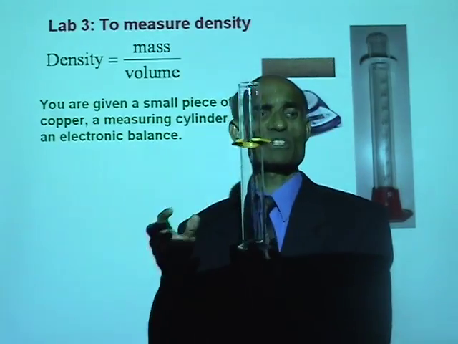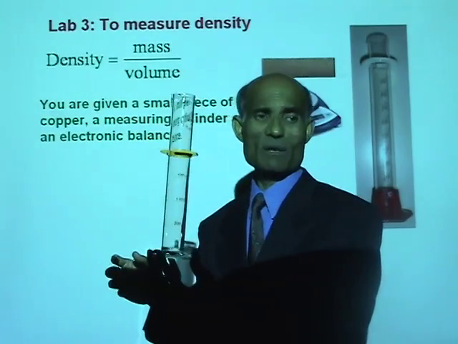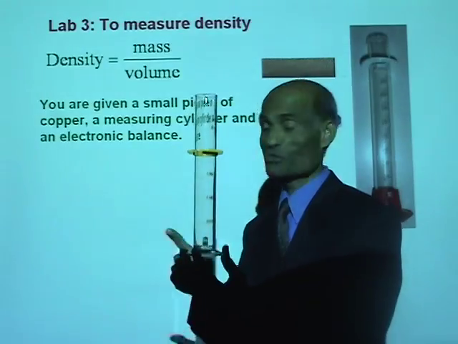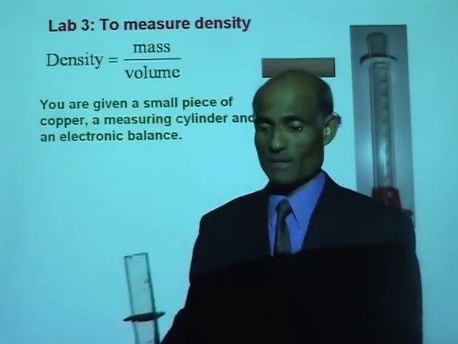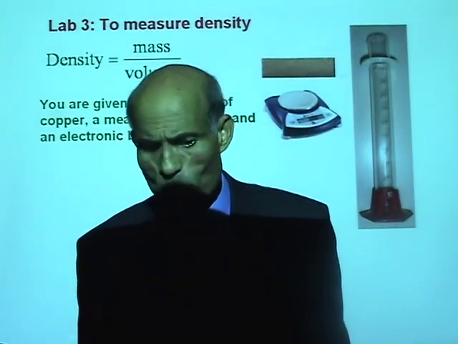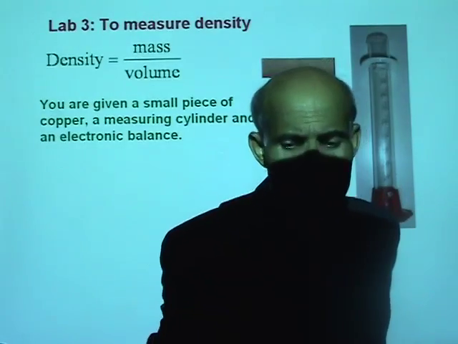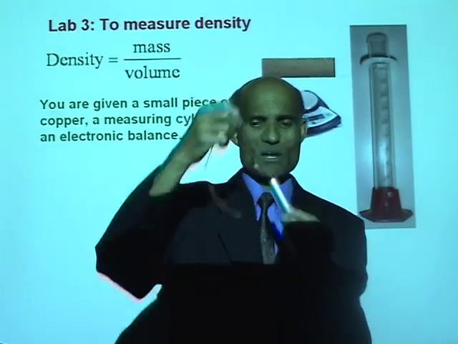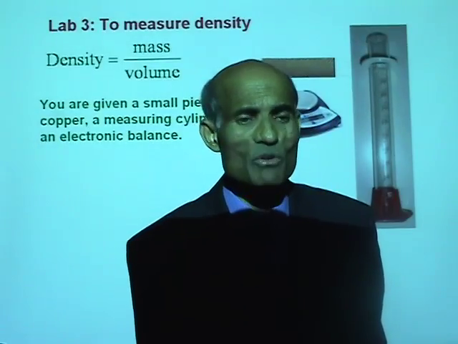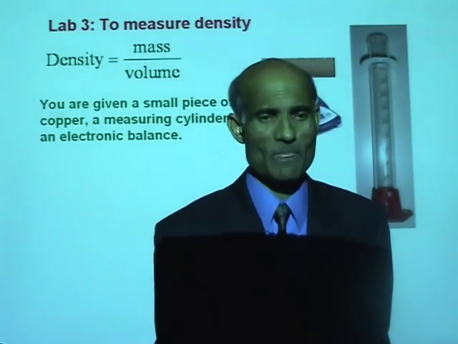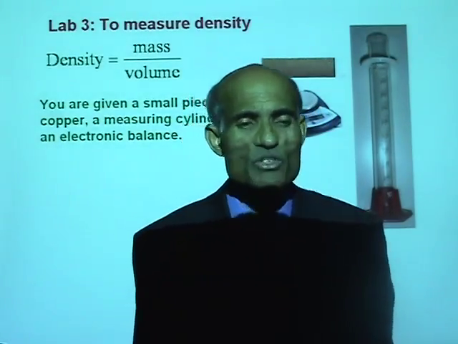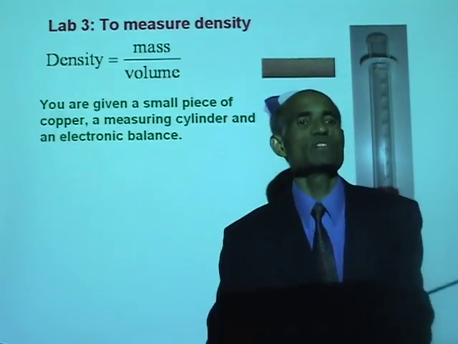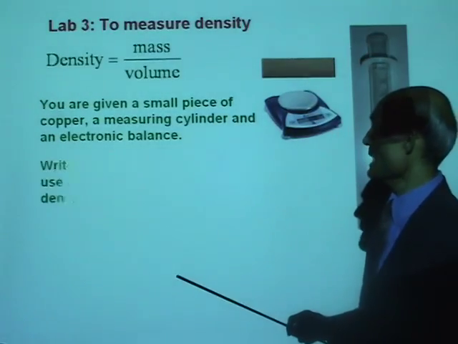Now, I can show you all those things right here. This is the measuring cylinder. Can you see that well? Alright, this looks the same as the picture. And a piece of copper, well, I'm going to use a piece of aluminum. And I will show you in a minute what an electronic balance looks like, because I need to change the settings here.